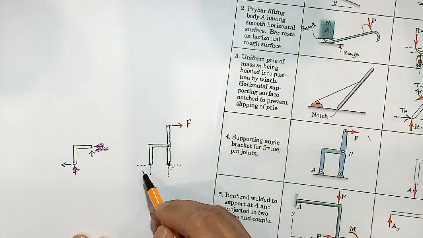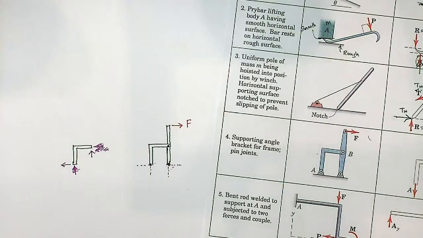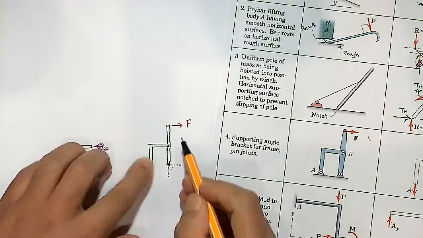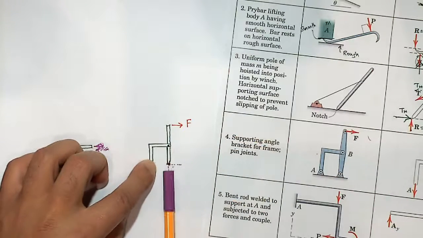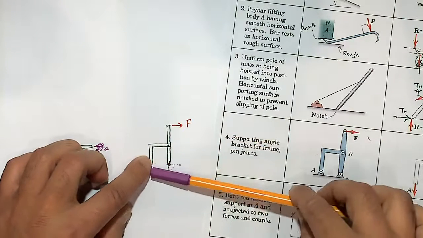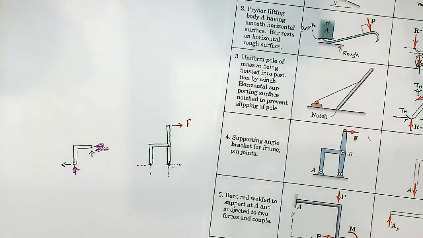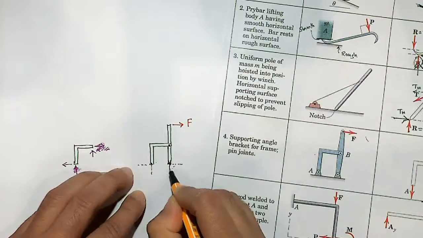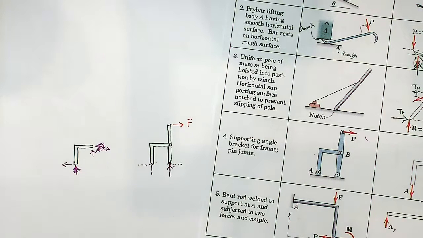So only one candidate is left to resist a clockwise rotation. Which direction do you think the vertical reaction is going to be? Upward or downward? It has to be upward, because only then would it be able to resist that force.